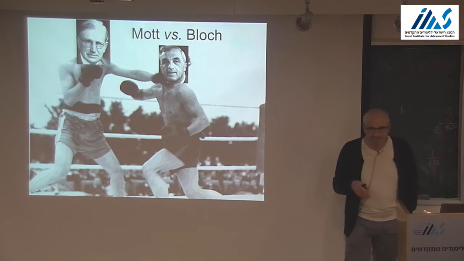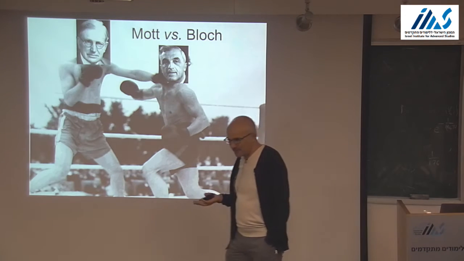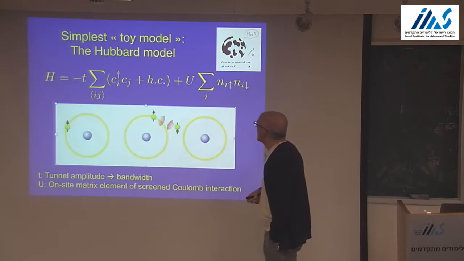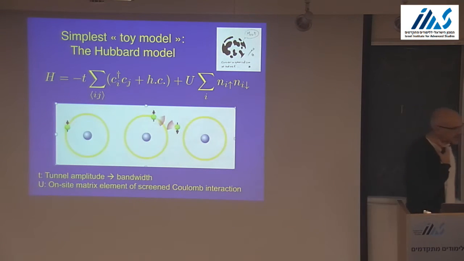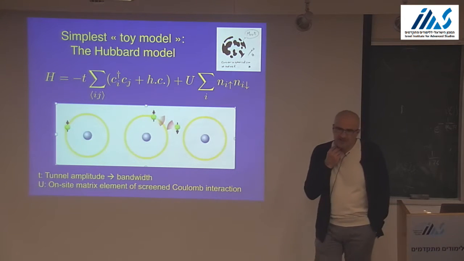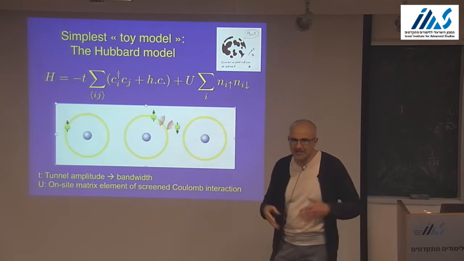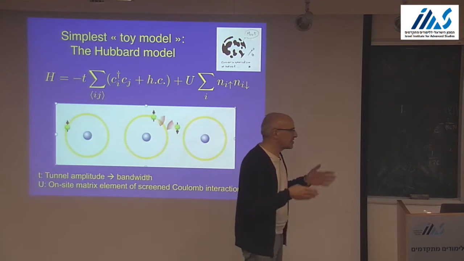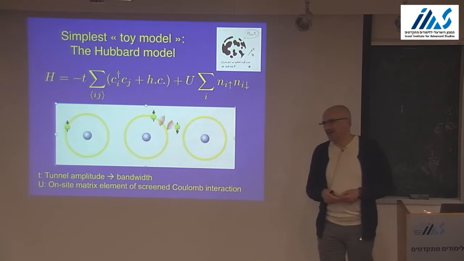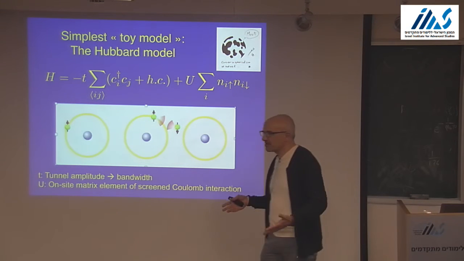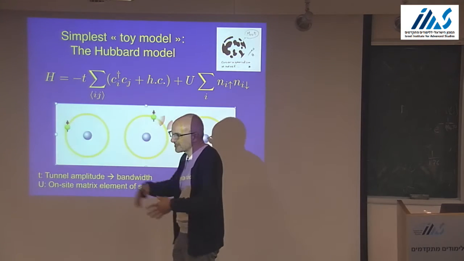Okay? And who is going to win? Of course, the simplest possible incarnation of this competition plays the role in the field that the Ising model plays in classical StatMech. In classical StatMech, we want to understand, for example, magnetism, symmetry breaking, and we want a microscopic model to describe that, so we write down the Ising model.